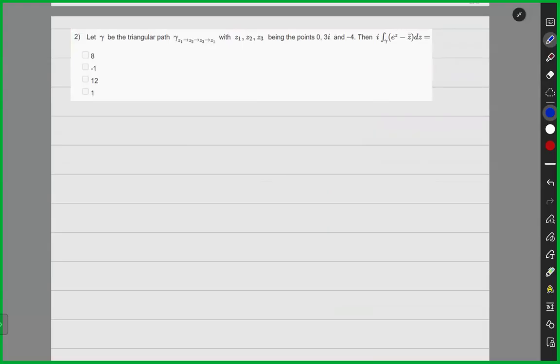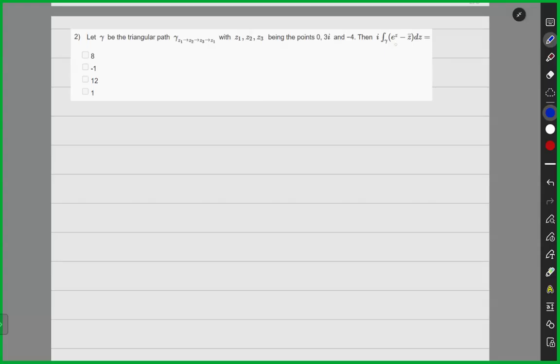If gamma is the triangular path Z1 to Z2, Z2 to Z3, Z3 to Z1, with Z1, Z2, Z3 being 0, 3i, minus 4, then we have to calculate this integral. Its integral can be separated into two parts if you remember.